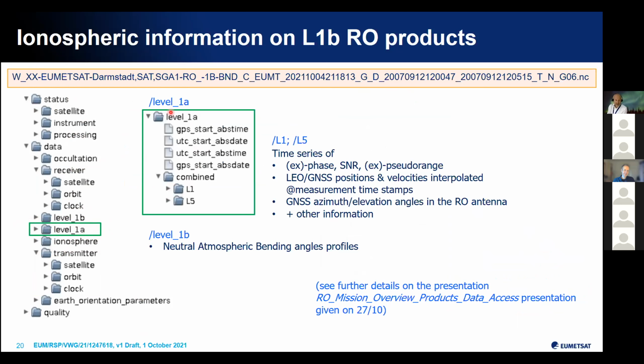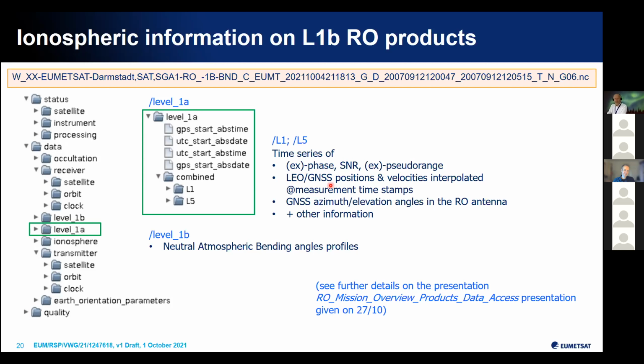We are reporting in this level 1A subgroup the low-level measurements divided by frequency. These measurements are essentially time series of phases, signal-to-noise ratios, and pseudo ranges, as well as excess phases and excess pseudo ranges, covering at 200 or 250 Hertz the neutral part and the ionospheric part.